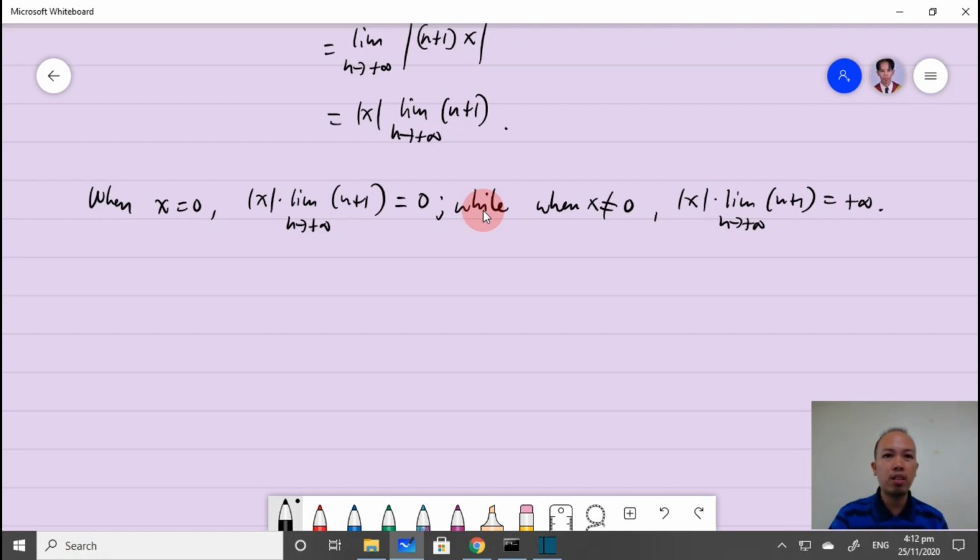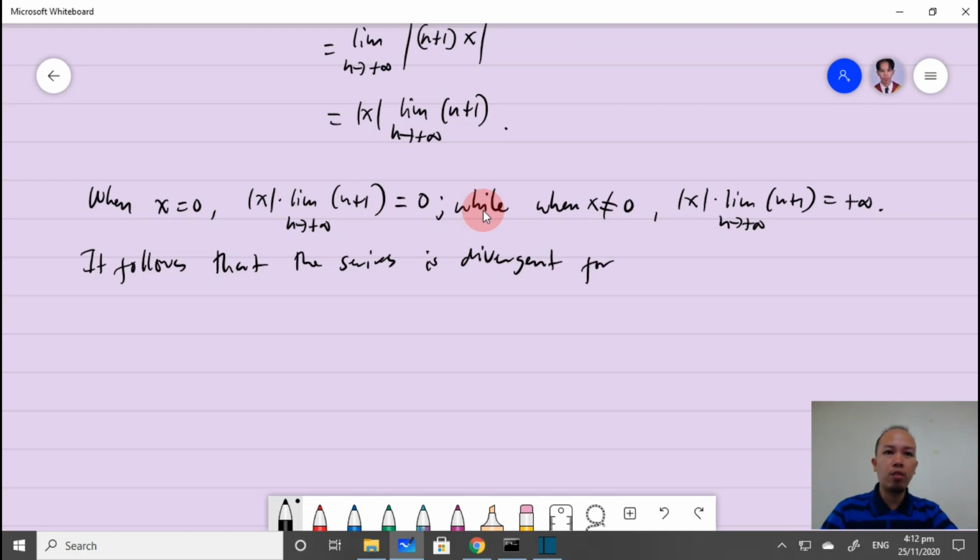So what does this mean? It follows that the series is divergent for all values of x except 0.